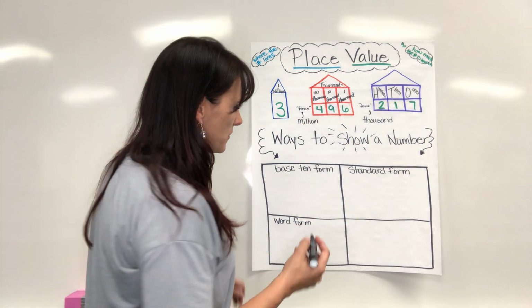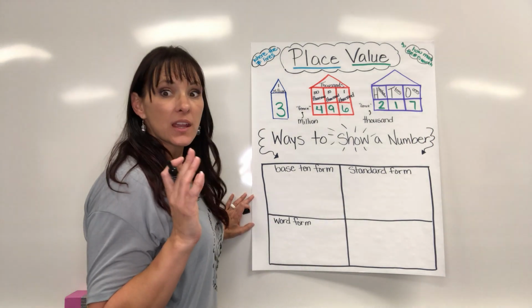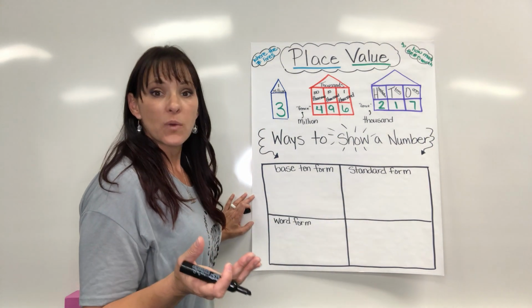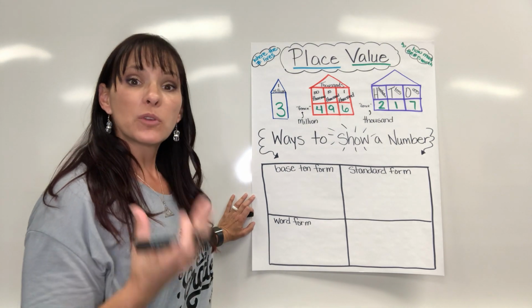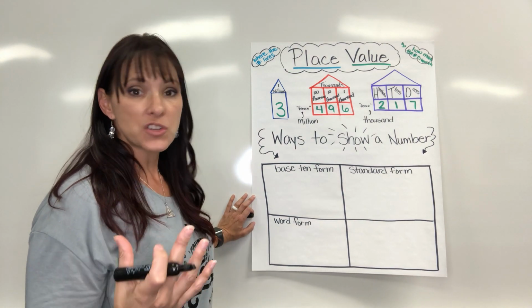And then the last form that we have, which is very important, especially when you are working with larger numbers and things like regrouping and multiplication and division with larger numbers.